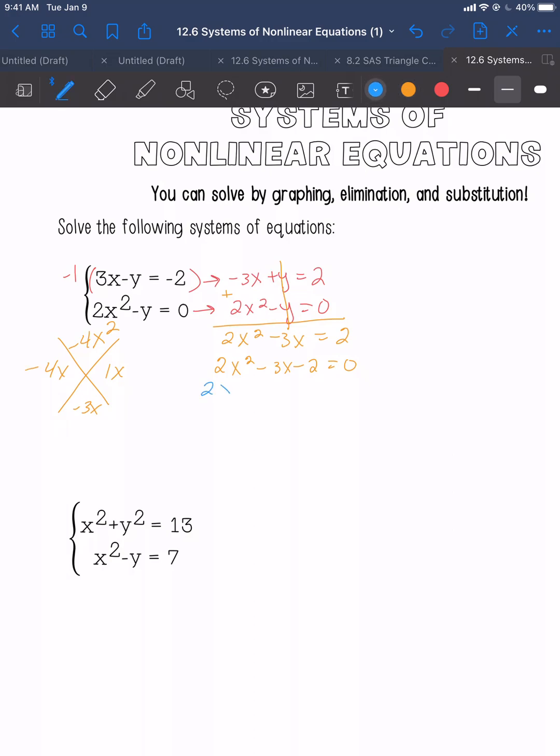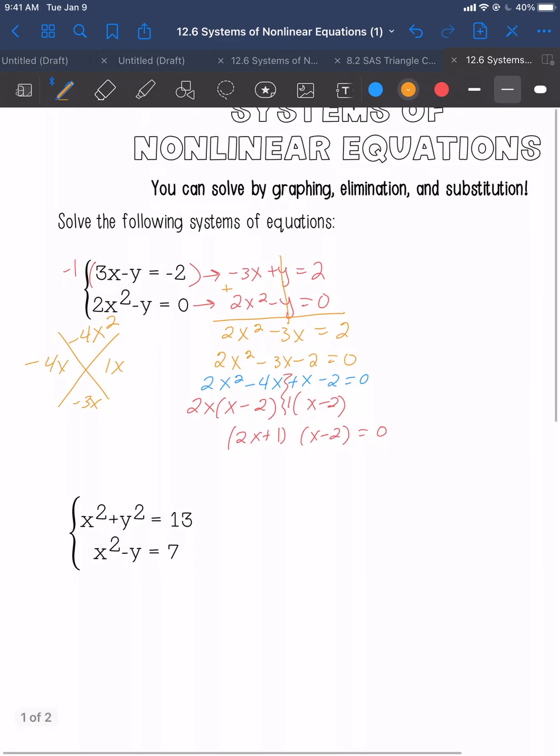So I can rewrite this as 2x squared minus 4x plus x minus 2 equals 0. Factor by grouping. Factor out 2x, we're left with x minus 2. Factor out 1, left with x minus 2. So our two factors are 2x plus 1 and x minus 2 equals 0. Solving that, we get x equals -1/2 and x equals 2.